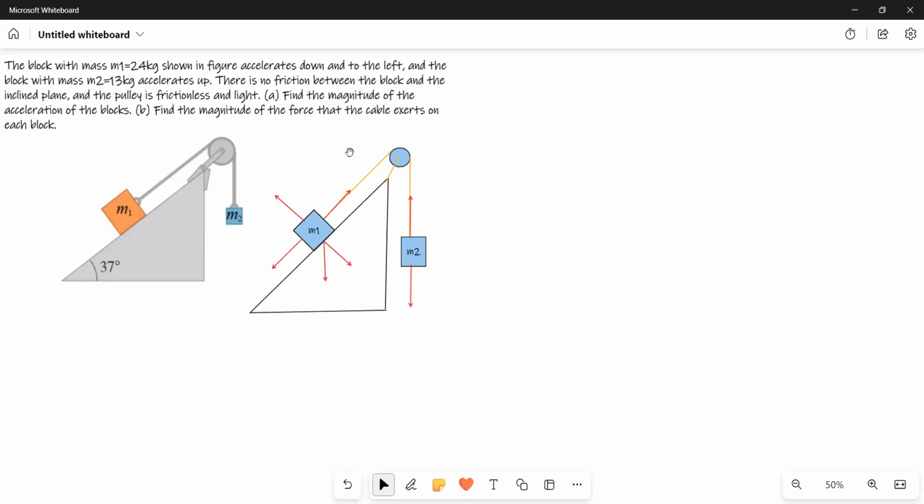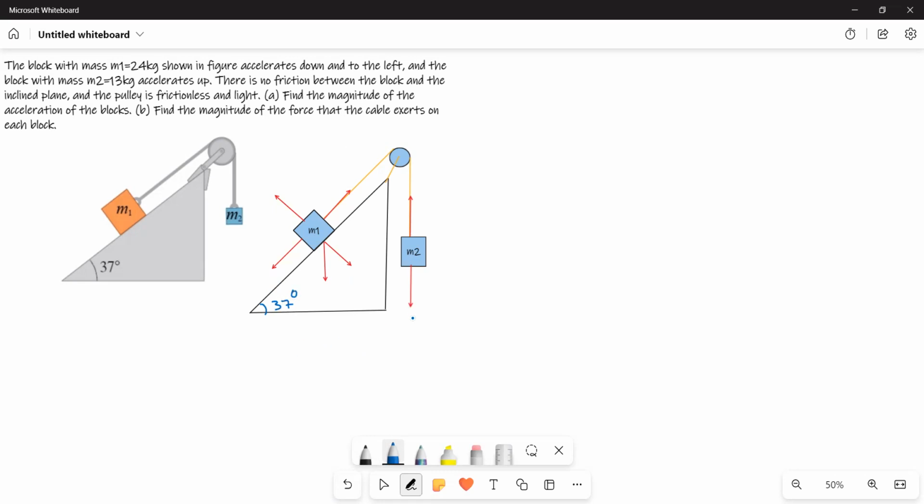For this, we will draw the free body diagram and write the force equations. Okay. Now, here, this is the mass m1 and mass m2. And mass m1 is on an inclined plane with an angle of inclination of 37 degrees.